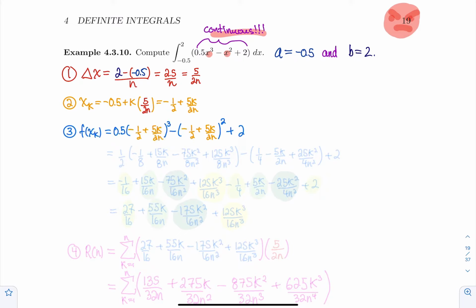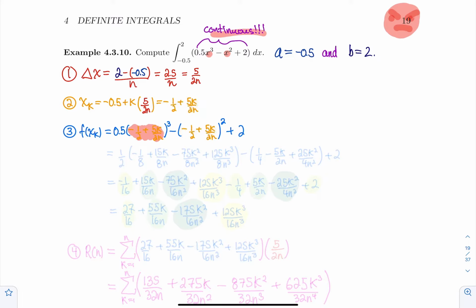So if you do that, f of xk is 0.5 times, in a bracket, minus 1/2 plus 5k over 2n, that's my xk, to the power 3, minus, in a bracket again, minus 1/2 plus 5k over 2n squared, plus 2. So I'm just taking my f of x and replacing every single occurrence of x by xk, which we know is minus 1/2 plus 5k over 2n.